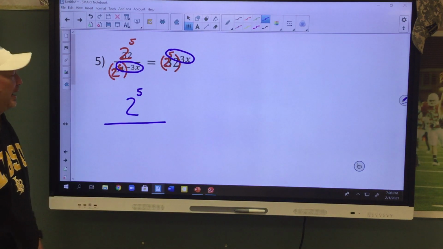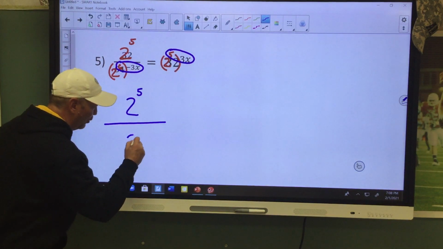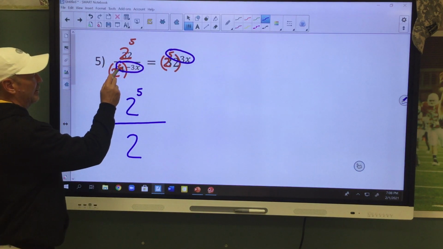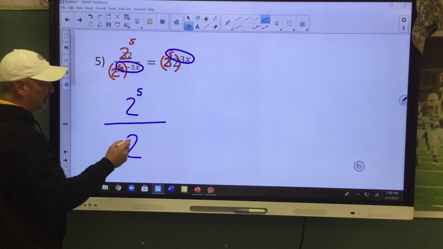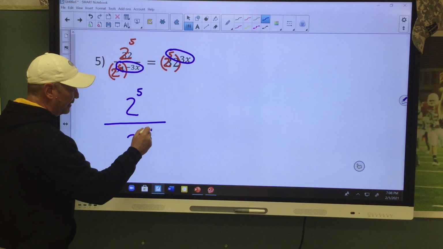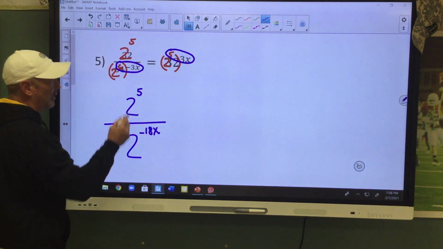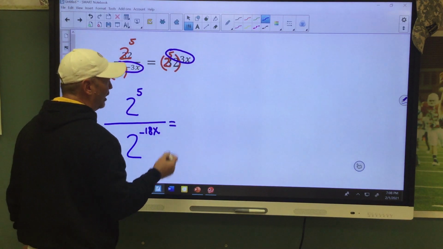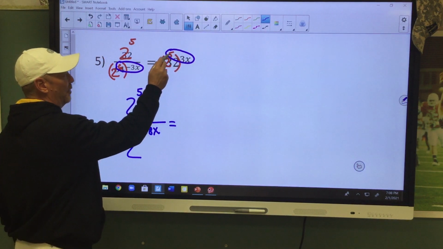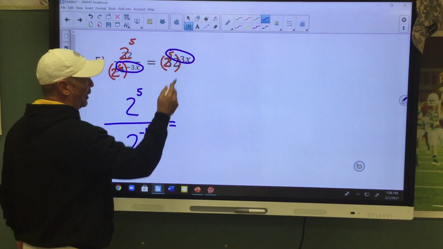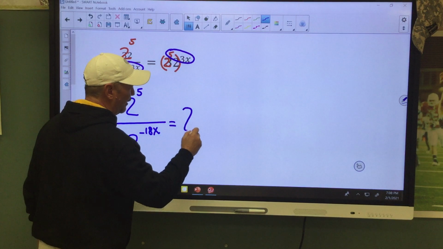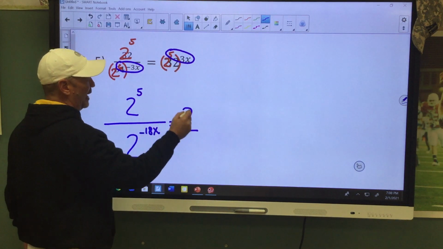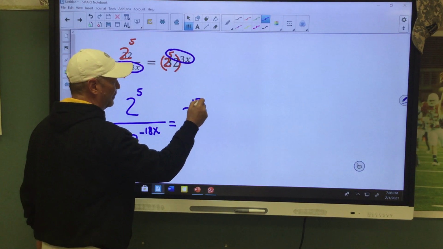I have to multiply. I'm going to get 2, 6 times negative 3x is a negative 18x equals, I have 2 to the 5th, but I have to raise the power, and that's going to give me 5 times 3x is 15x.